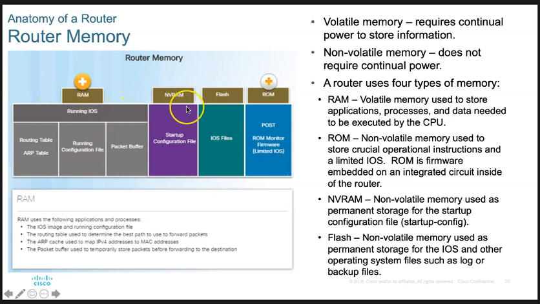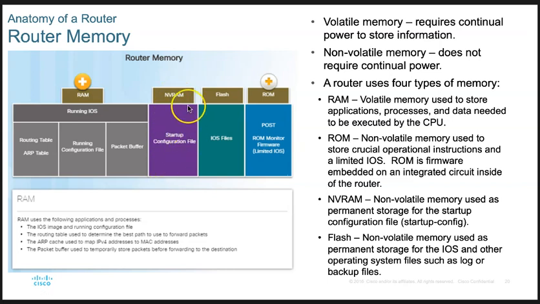RAM is volatile, which means if you turn off the router, whatever information is there will disappear. A router also has another type of RAM known as NVRAM, which stands for non-volatile RAM.